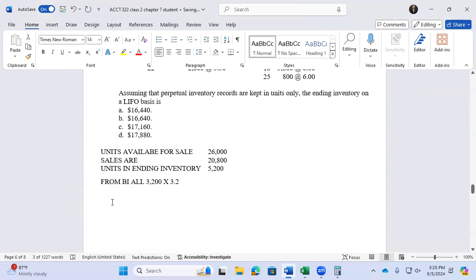We're going to multiply that by their cost of 3.2. And then we need from the June 3rd purchase 5,200 minus 3,200 equals 2,000.